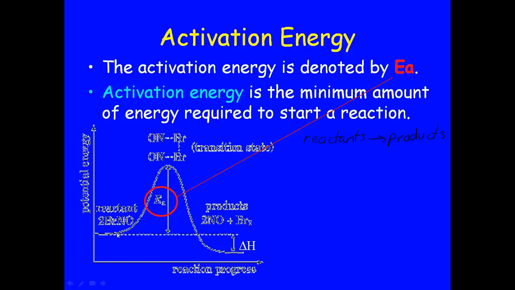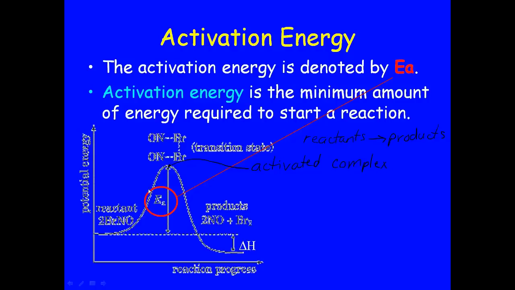What's happening is I'm adding energy. So look, you have to climb this hill. Right here at the top, this is called, and I would add this to your label, the activated complex. And what that is, is kind of a little mutant.